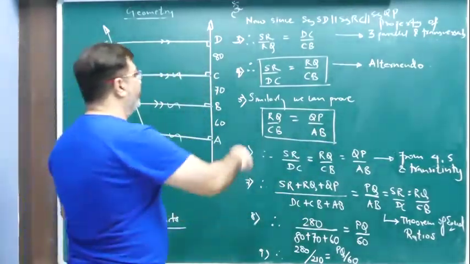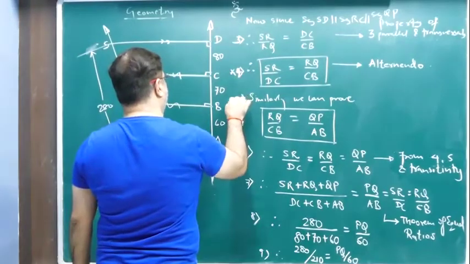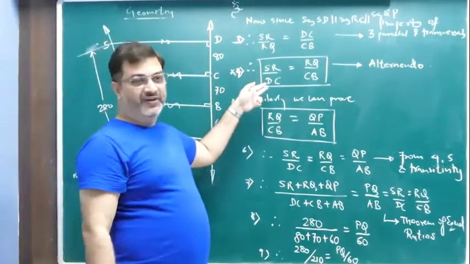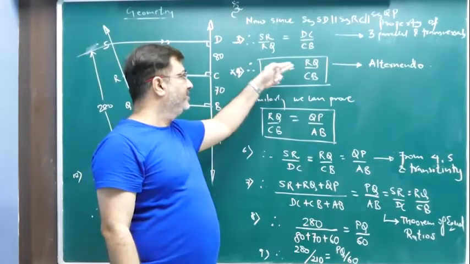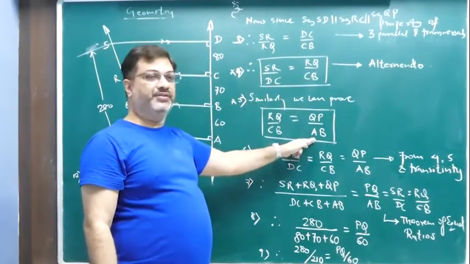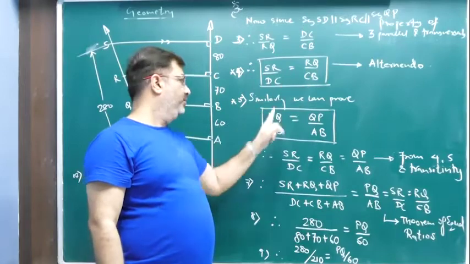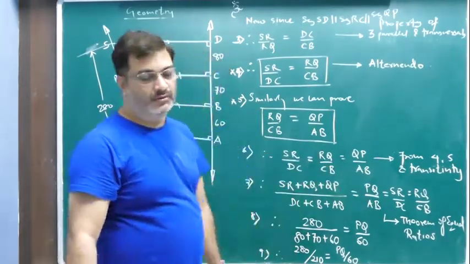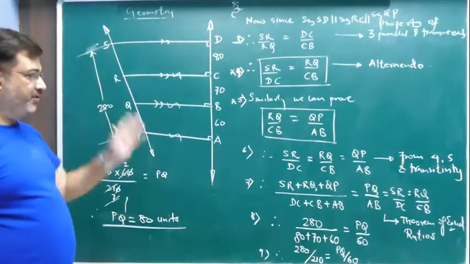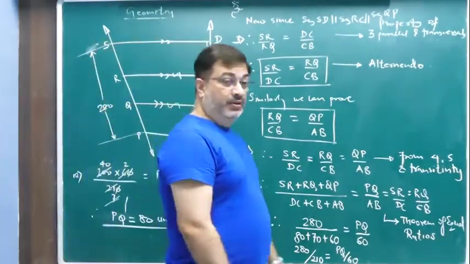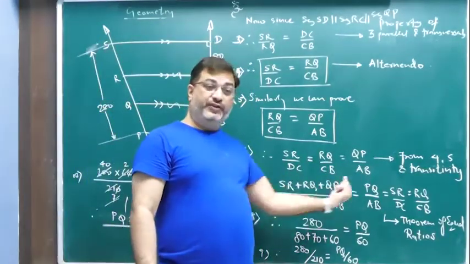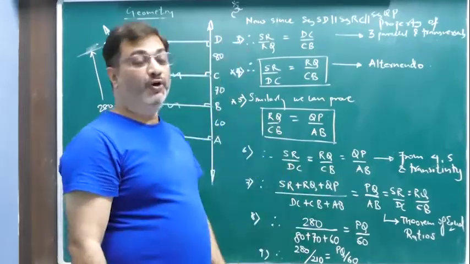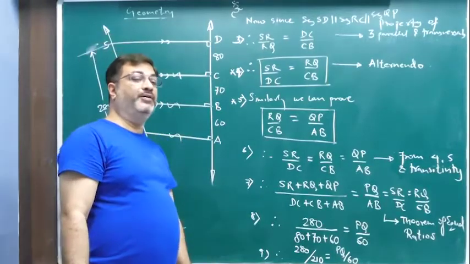Now, transitivity. Look at 4 and look at 5. From 4 and 5, by using the property of transitivity, we can say this is equal to this is equal to this. A congruent to B, B congruent to C, then A, B, C, all 3 are congruent. So we have used 4, 5 and transitivity. Now, all these 3 ratios are equal, so I can apply the theorem on equal ratios.